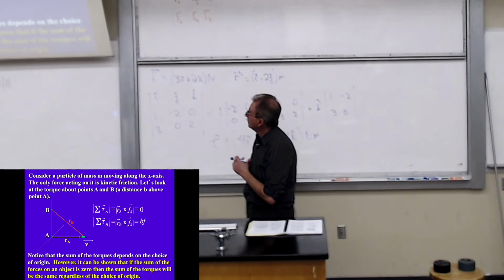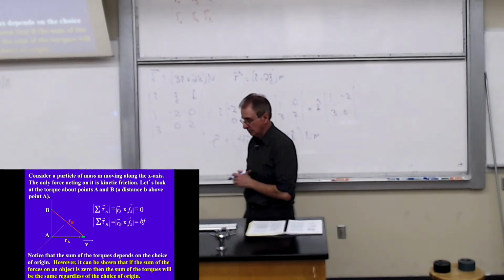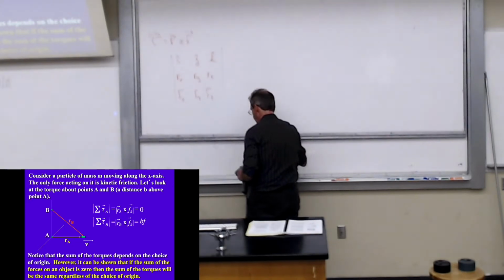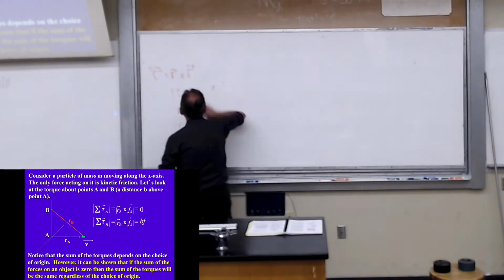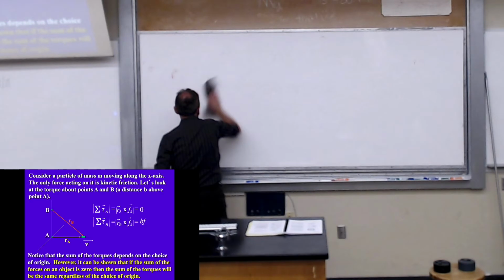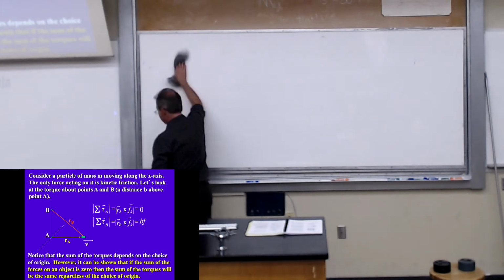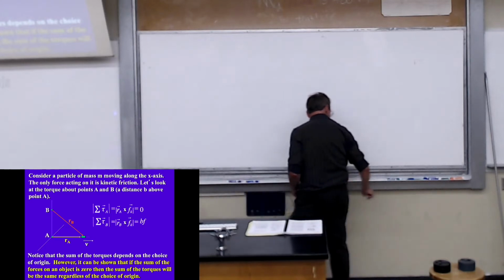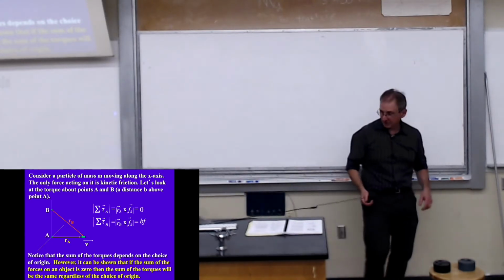We have a particle moving to the right along the x-axis. Let me draw a picture. I think I'm going to be limited to blue and black. I've got to find my black marker, which is right here.